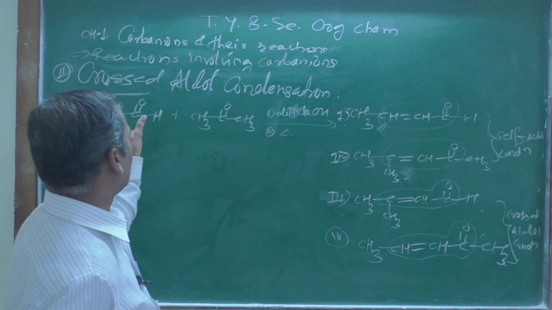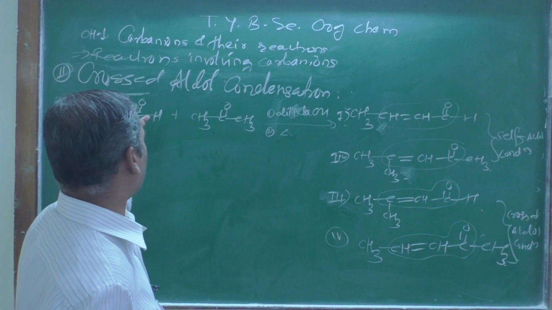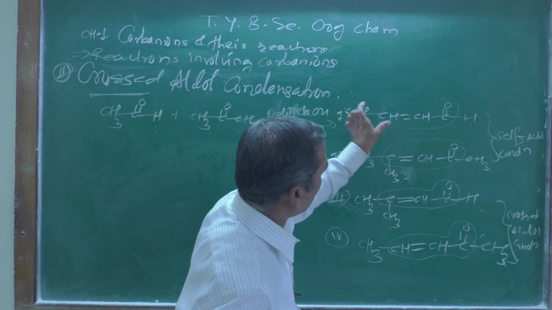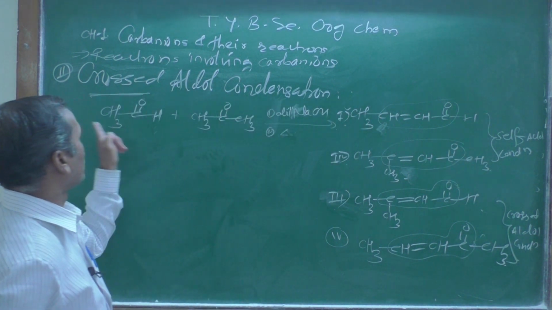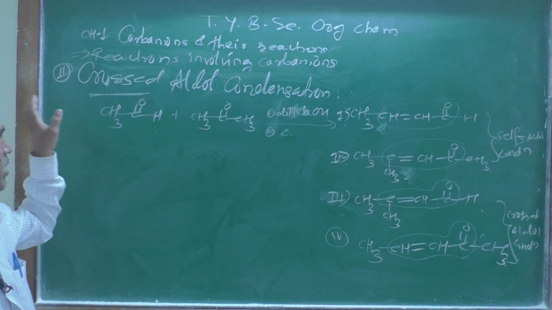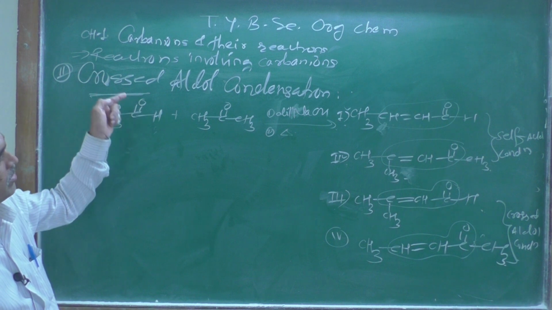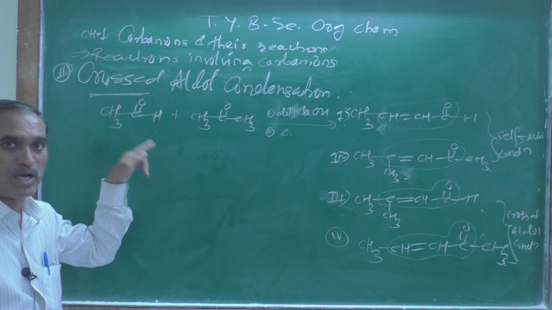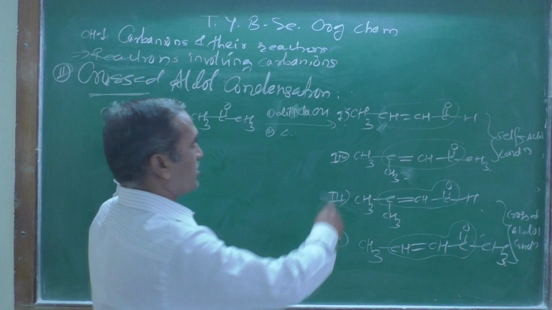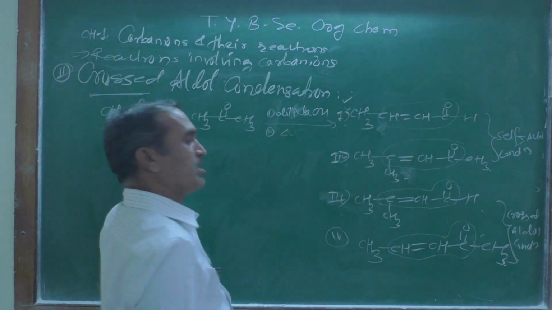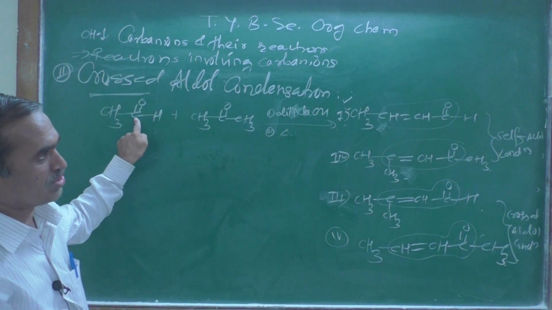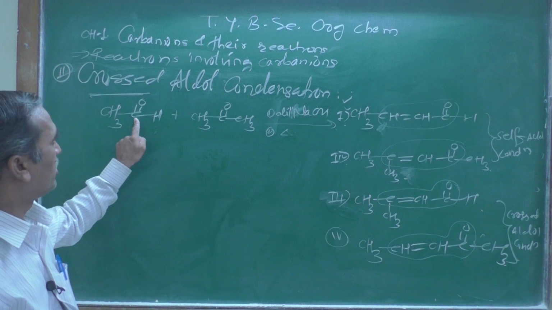And look, we already know that when these two molecules, meaning a carbanion forms on this acetaldehyde, and that carbanion or enolate ion reacts with another molecule of acetaldehyde, the result, as we have seen in the simple aldol condensation reaction, is crotonaldehyde.